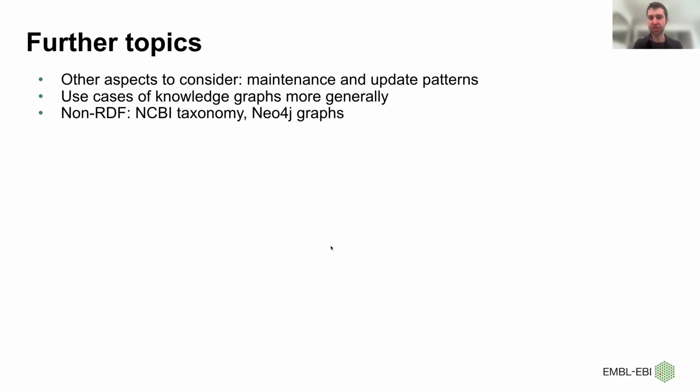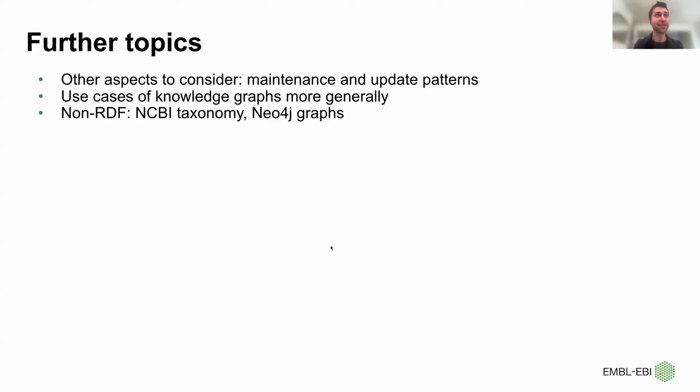Okay, and then just to note some further topics, since this has been quite a whistle-stop tour. There are other aspects to consider, such as maintenance and update patterns for ontologies. There are lots of other use cases for knowledge graphs that I've really not touched on.